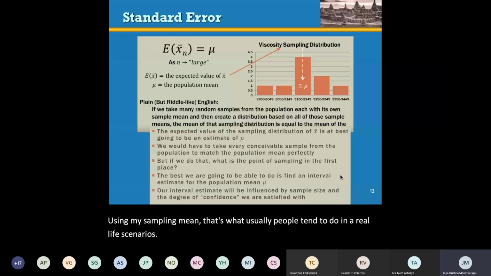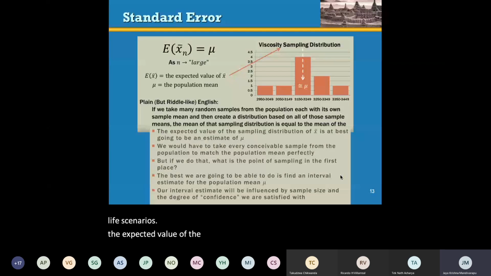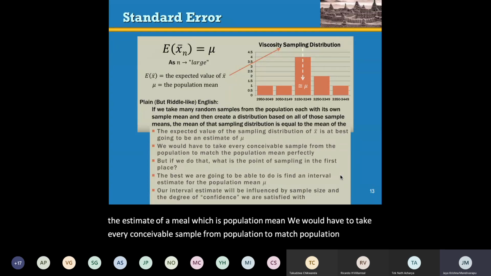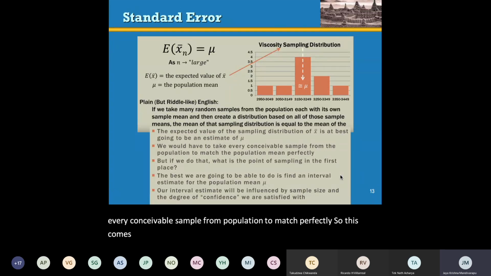The expected value of the sampling distribution x bar is at best going to be the estimate of mu, which is the population mean. We would have to take every conceivable sample from the population to match the population mean perfectly. So you can never estimate exactly.